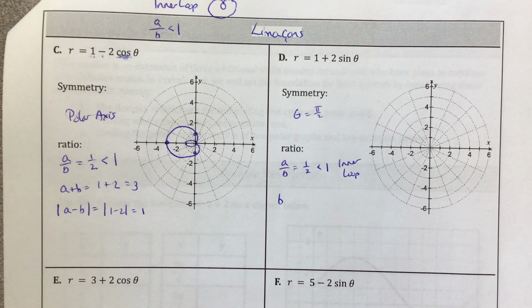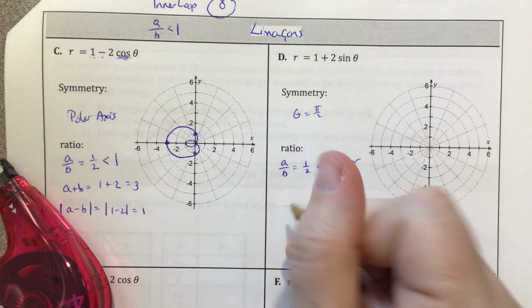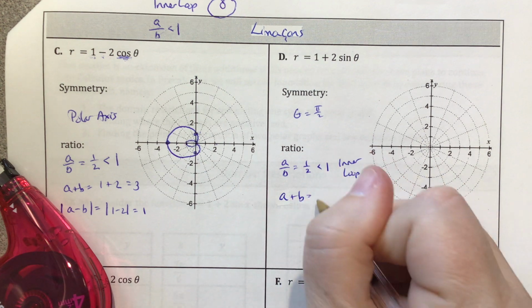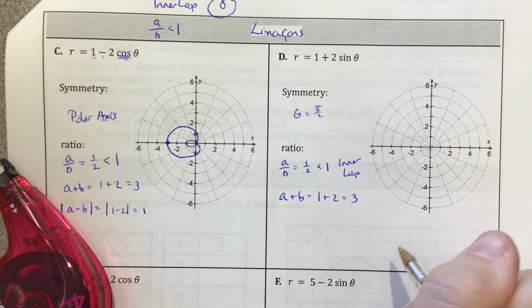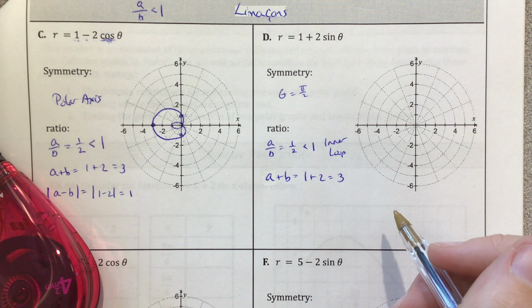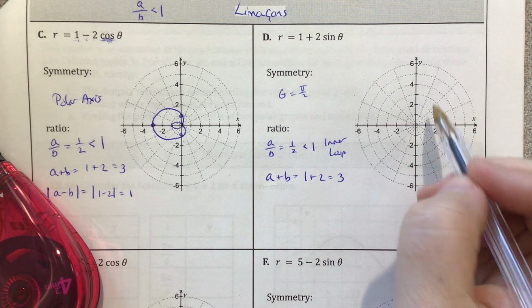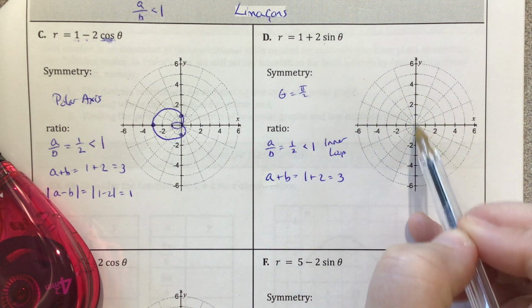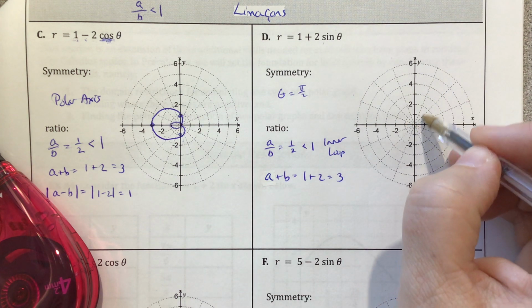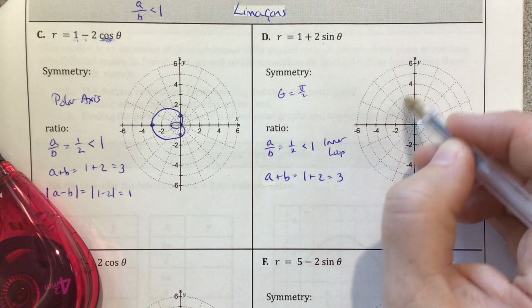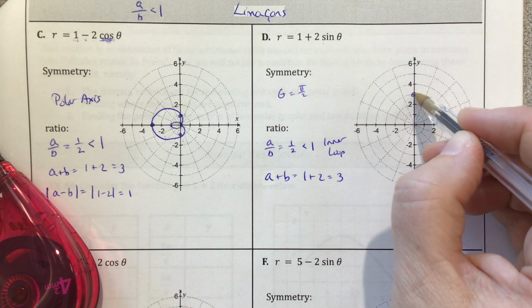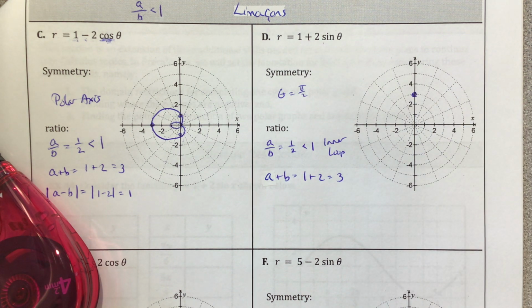So that is A plus B, 1 plus 2, 3 units from the pole to get to the end of the big part of my graph. Sine, so we're vertically oriented. On the positive side, the majority of my graph is going to lie up here. So from the pole, 1, 2, 3, there's the outer limit of my graph.